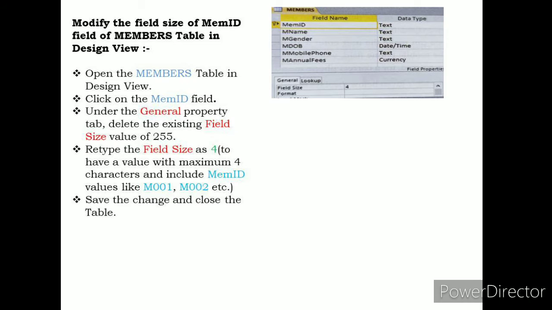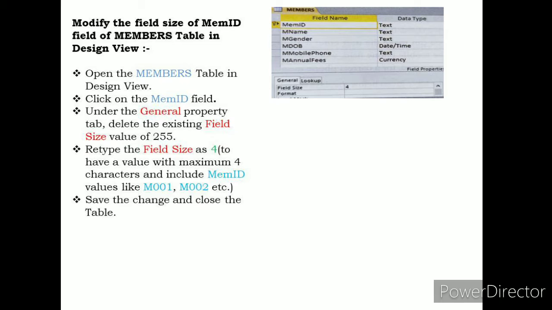Friends, now we are going to understand how we can modify the field size of any field of any table. In my example, I have selected member ID of the member table. Let's have a look at the steps we have to follow. Open the members table in the design view. Click on the member ID field.